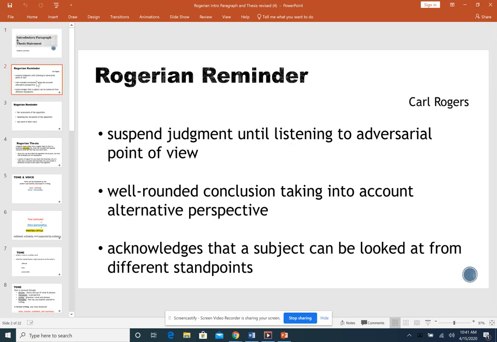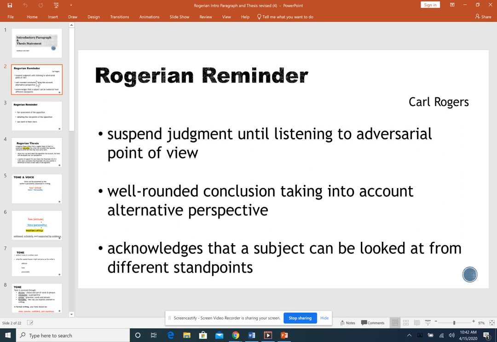So one thing with the Rogerian argument that we need to remember is that we are suspending judgment until listening to the opponent's side of the issue. And we're going to make a well-rounded conclusion, seeking a compromise and common ground, taking into account the opponent's or the alternate perspective.